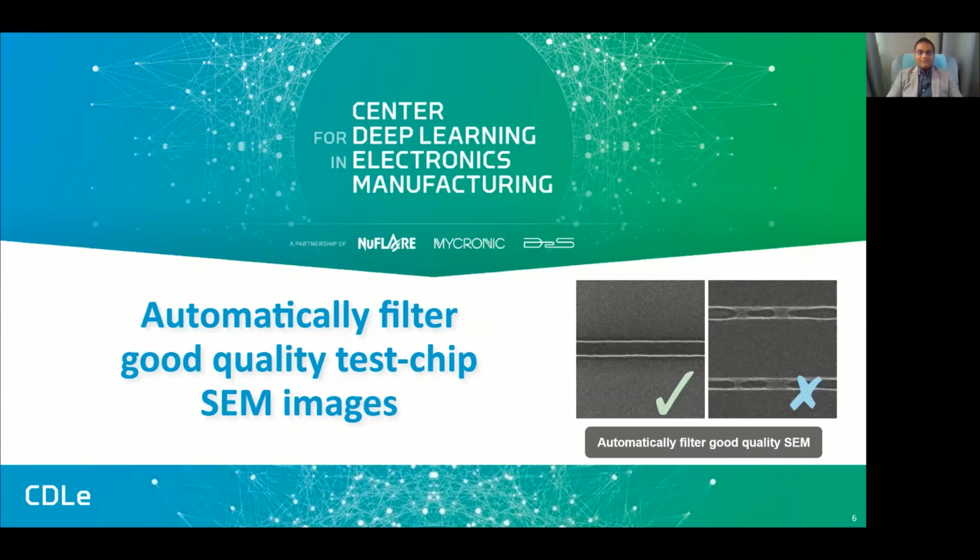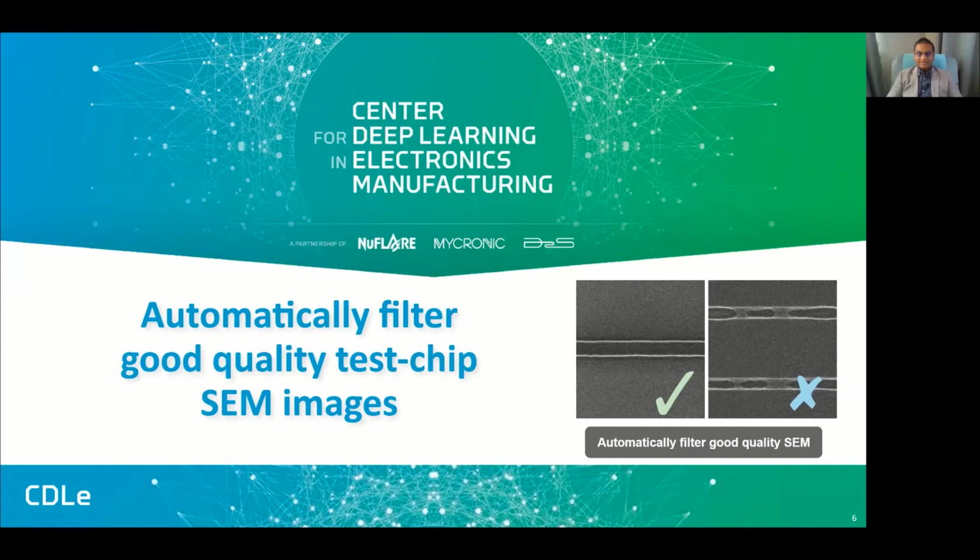So let me go to my first tool from the toolset. It's automatically filtering good quality SEM images for test chip. For test chips, through dose and through pitch patterns can go beyond the process limit of printability.